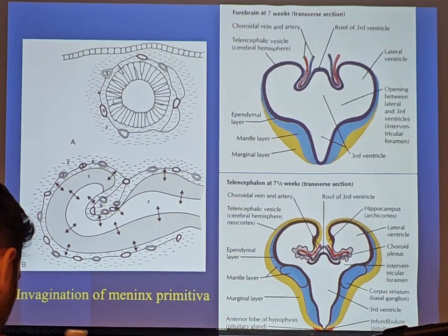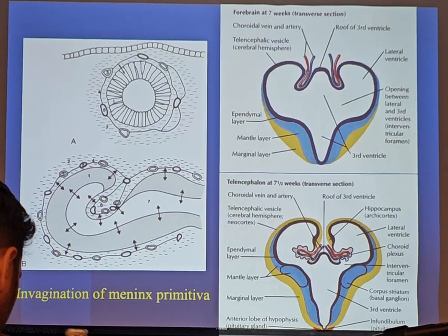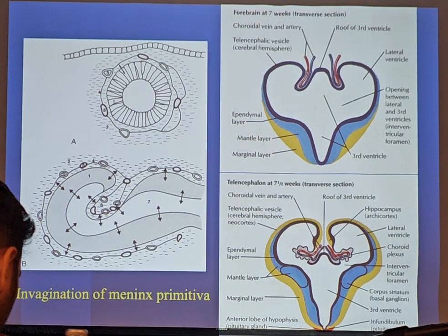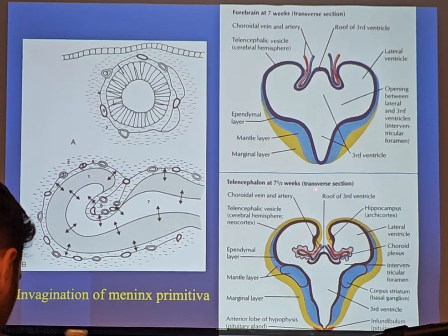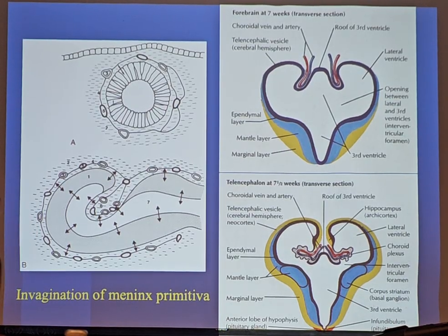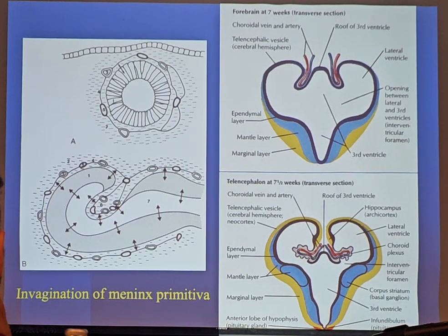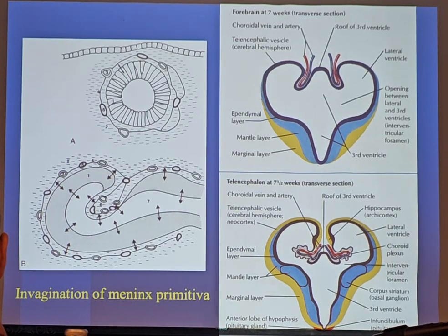As you grow, you need more supply of nutrients, so there is invagination of meninx primitiva into the empty core of the neural tube. This eventually becomes the choroid plexus and supplies more nutrients to this growing neural tube. And then the loose vascular network becomes more organized and supplies the growing embryonic tube.